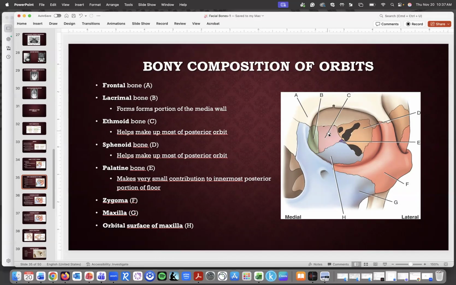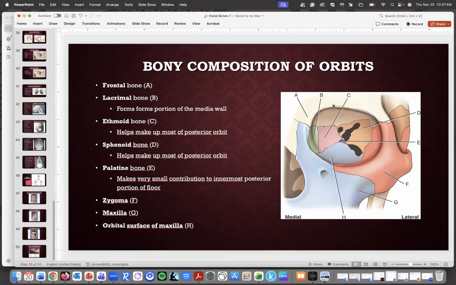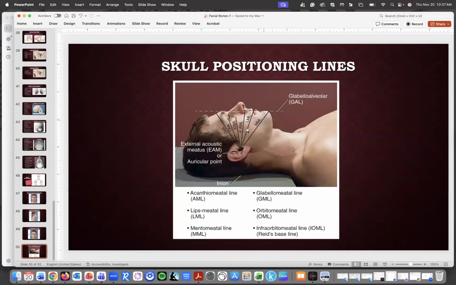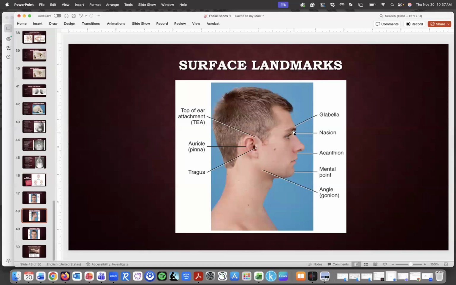C, that would be part of the ethmoid. B would be that lacrimal bone again. So maybe take a look at this one too. And finally, take a look at this. Again, you'll need all of these when we get to next semester. And we talked about these as well. Glabella, mesion, canthion, and so on. All right.